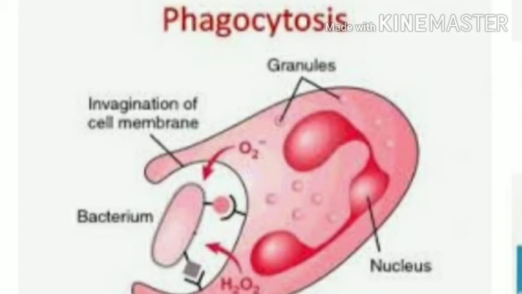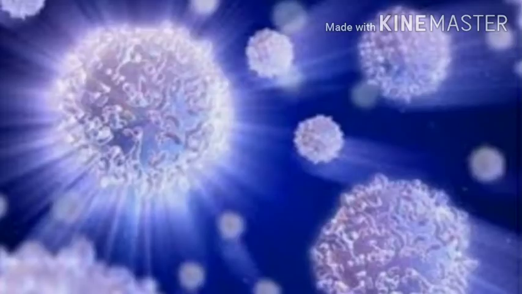Most of the bacteria that enter the host are killed by phagocytic cells such as neutrophils, monocytes, and macrophages. These have three basic parts.